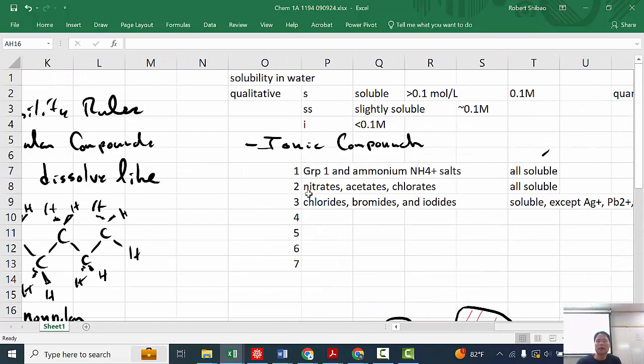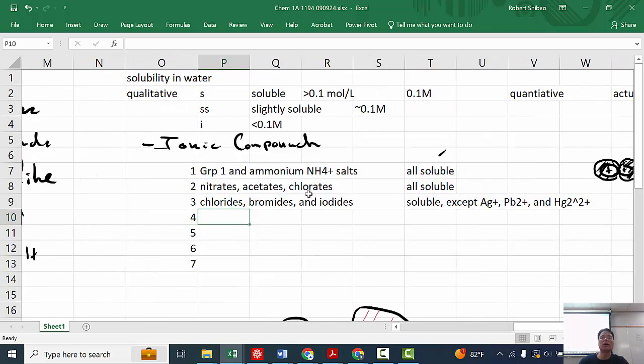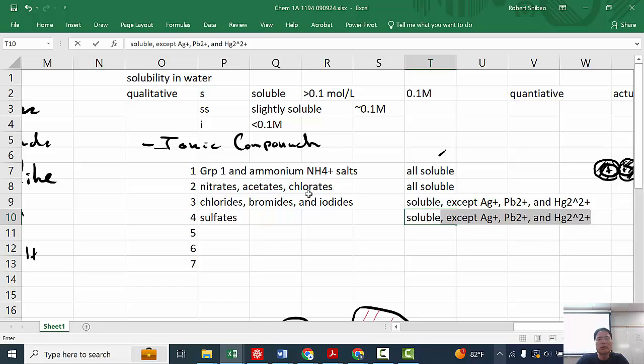And so what I'm asking is this. Well, I don't know. Let's take a look. And so after chlorides, bromides, and iodides, then what do we have? After chlorides, bromides, and iodides, then we look at sulfates. And sulfates are soluble except for which ones?